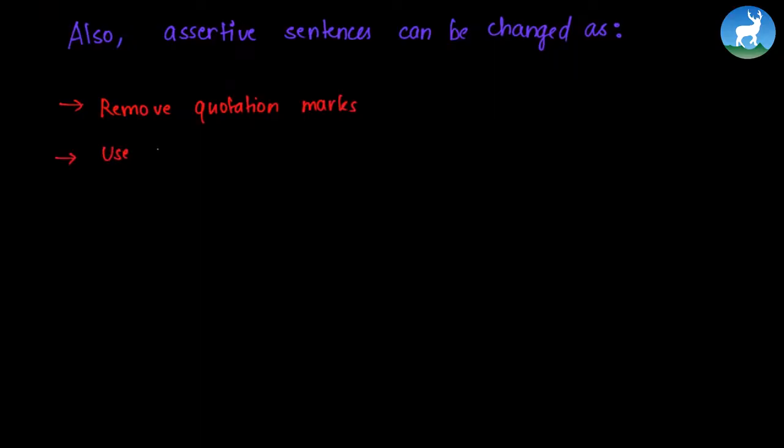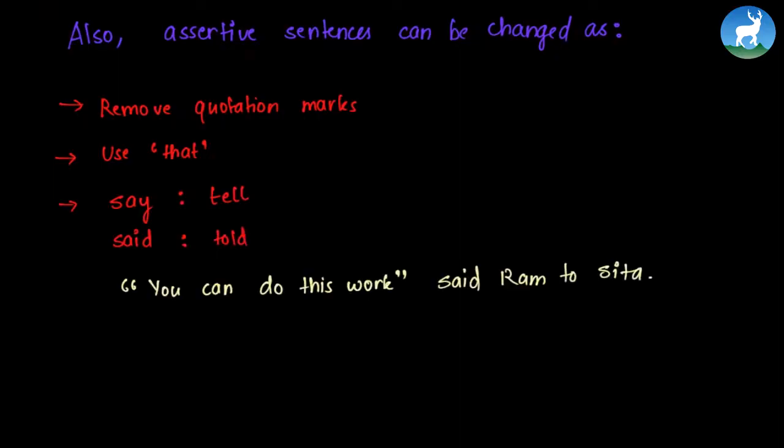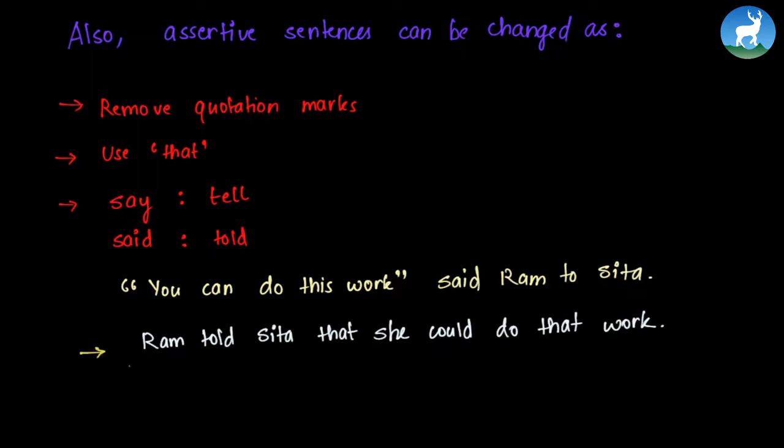We then use the conjunction that, and if the reporting verb say is used, we change it to tell, and if said is used, we change it to told. Let's see an example. "You can do this work," said Ram to Sita. We change the sentence to indirect form by saying that Ram told Sita that she could do that work. So here, said is converted to told, can is converted to could, and this is converted to that.